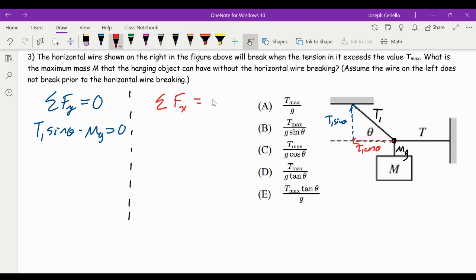The forces in the x also have to equal 0. For this one, the only forces in the x direction are T, specifically T max, plus negative T1 cosine theta equals 0. So T max equals T1 cosine theta.